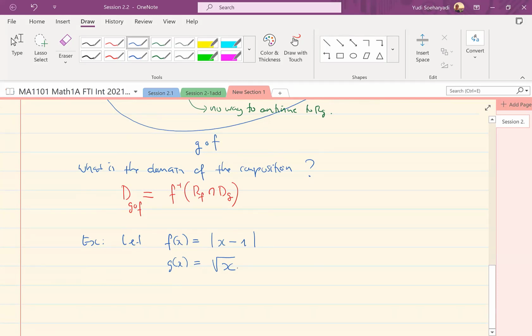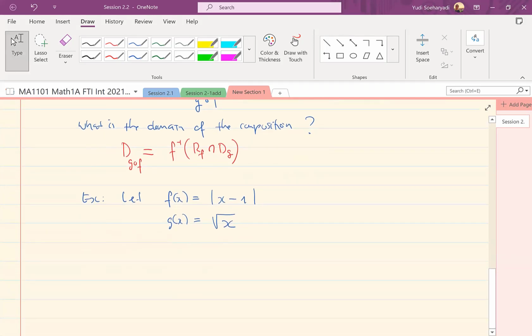Okay, so let's compute here. What is DF? Oh, find this one first, G later. Okay. All right.